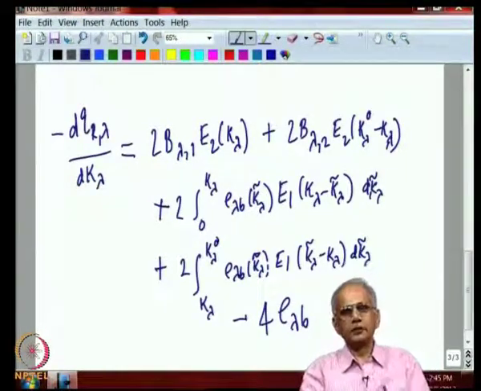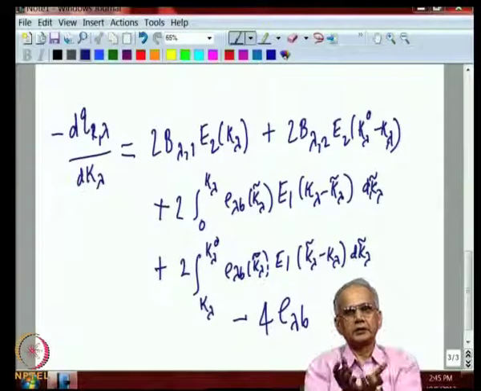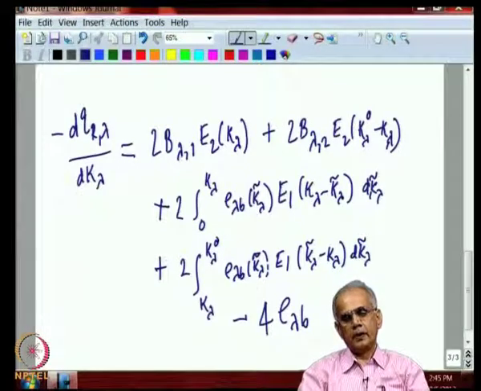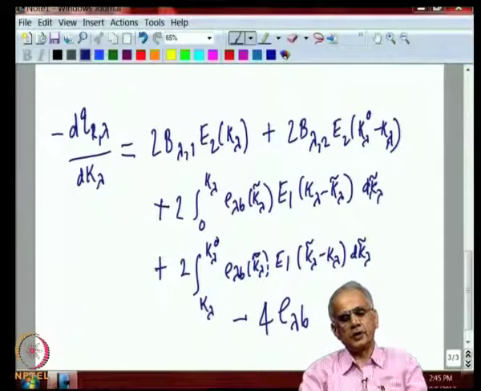So, this is the important term. This represents how the radiation is emitted in all 4 pi directions by the gas. So, this is the expression for the divergence of radiative heat flux.